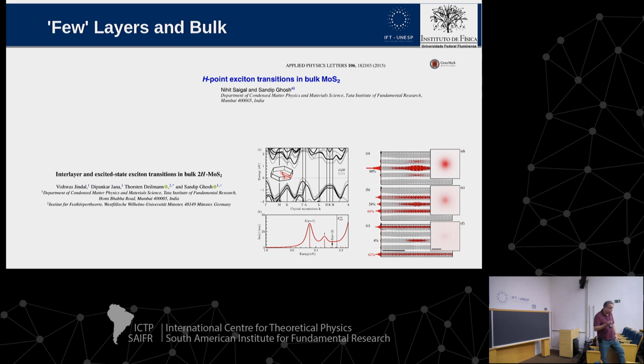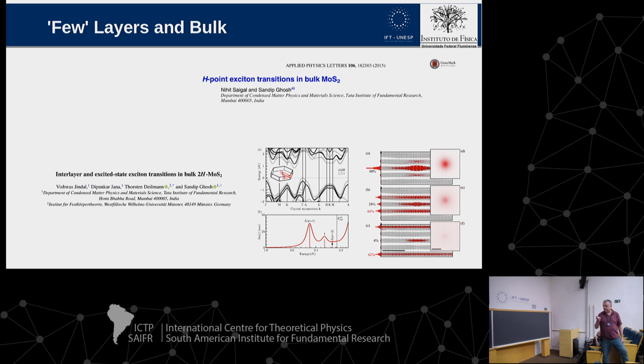And when you go to few layers, I said to you that if you want to build photovoltaic devices with 2D materials, we probably won't use just monolayers. We need several layers, multi-layer materials, and then it's interesting to see what happens. And to our surprise, for several layers in this kind of materials, there are several things that are not yet very well understood.